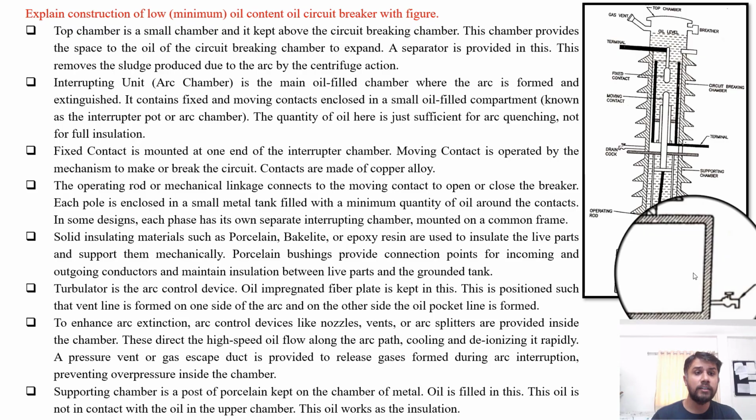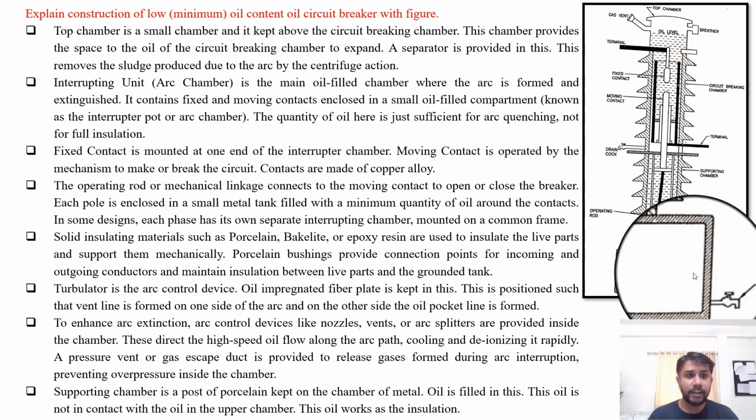The solid insulating materials such as porcelain, bakelite or epoxy resin are used to insulate the live parts and support them mechanically. Porcelain bushings provide the connection points for the incoming and outgoing conductors and maintain the insulation between the live parts and the grounded tanks.